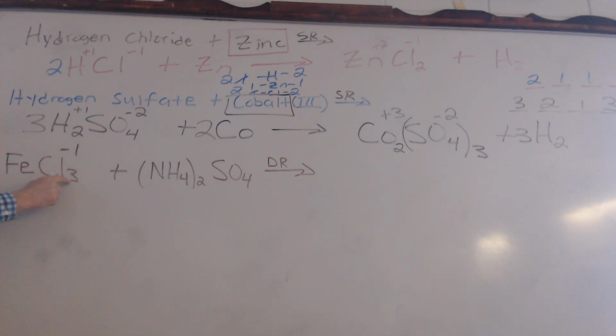Negative 1 times 3 gives you negative 3. Okay, so that must mean this iron has to have a charge of plus what? 2? Does that add up to 0? No. Well, who said 2? Chris? Okay. If it's not plus 2, it must be what?